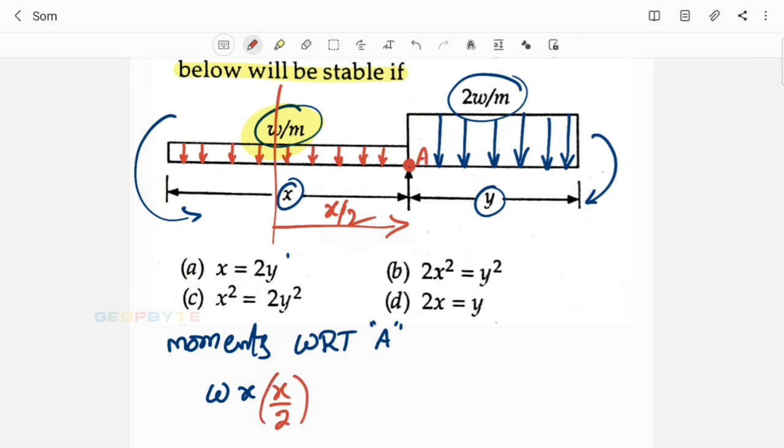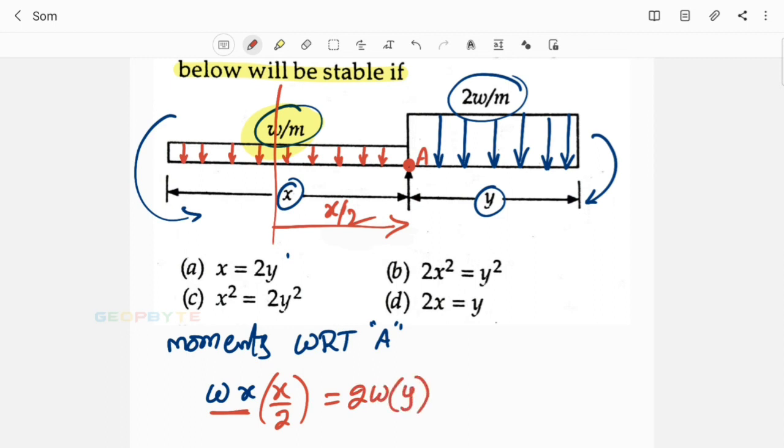I first got the point load from UDL by multiplying UDL with UDL distance. Assume the resultant point load is acting at the middle of the left side UDL. That middle point up to distance A is x by 2. It must be equal to 2W into Y.